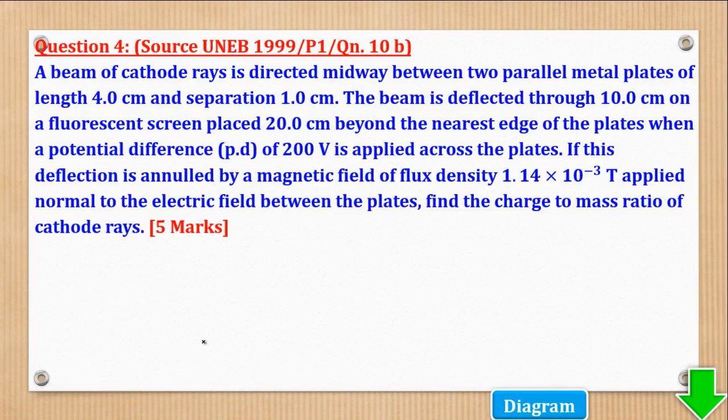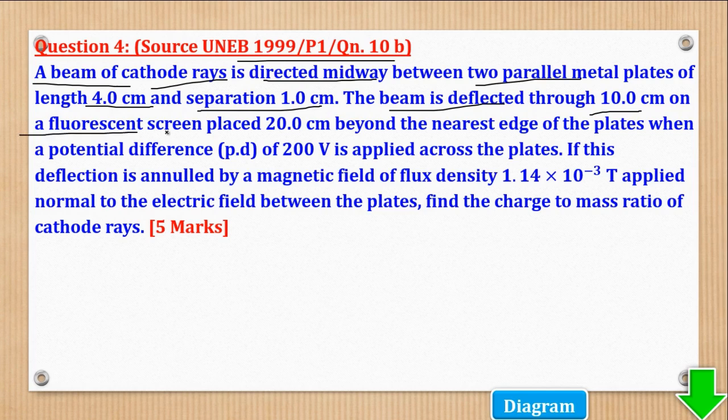Then next, after that, we looked at what we called crossed magnetic and electric fields. So this question will be on that part, and it came from UNEB 1999, paper 1, question 10b, and it says a beam of cathode rays is directed midway between two parallel plates of length 4 cm and separation 10 cm. The beam is deflected through 10 cm on a fluorescent screen, placed 20 cm beyond the nearest edge of the plates, when a potential difference of this is applied across the plates.